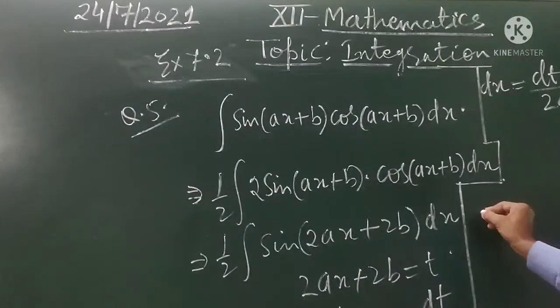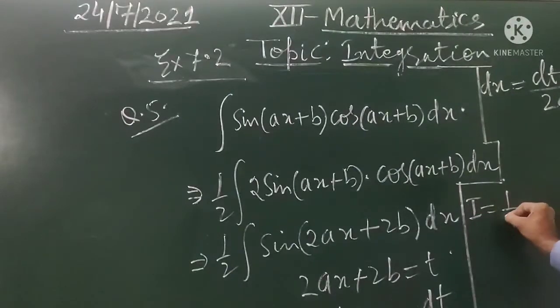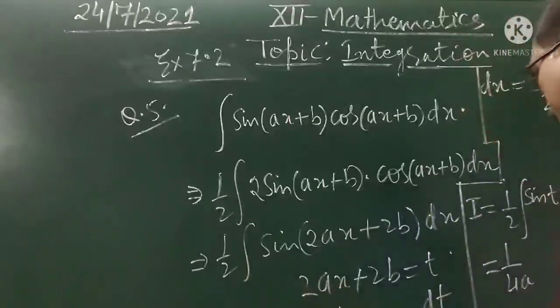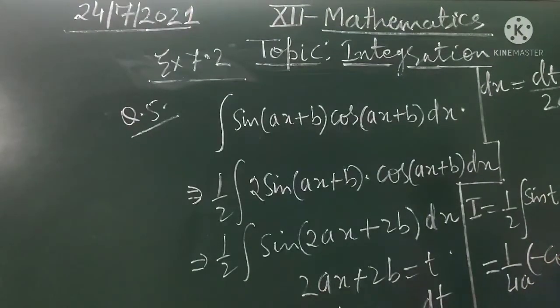Then integration I equals 1 upon 2 sin t, and dx is dt upon 2a. Then it is 1 upon 4a. Integration of sin t is minus cos t, so it is minus cos t plus c. And the value of t is 2ax plus 2b.